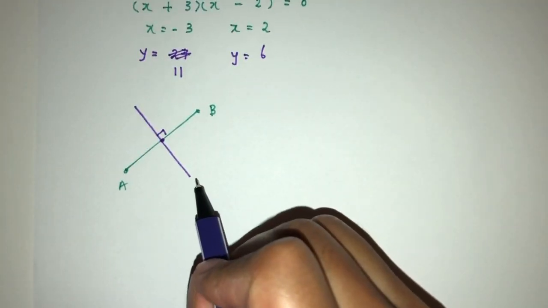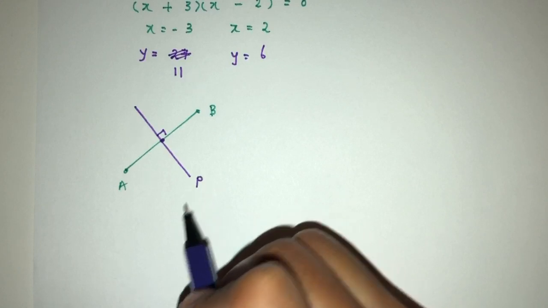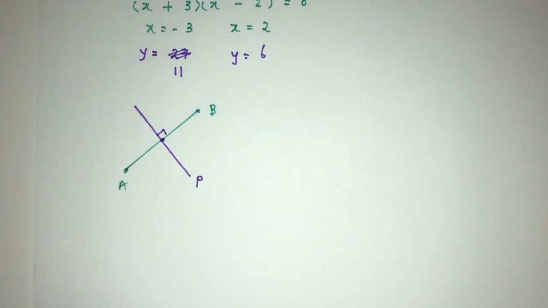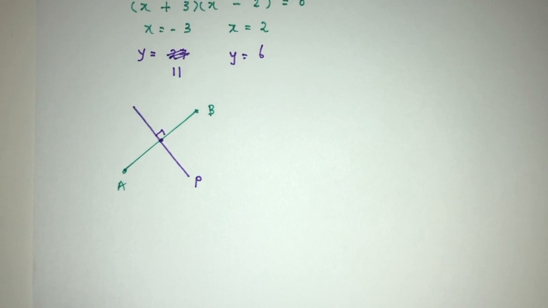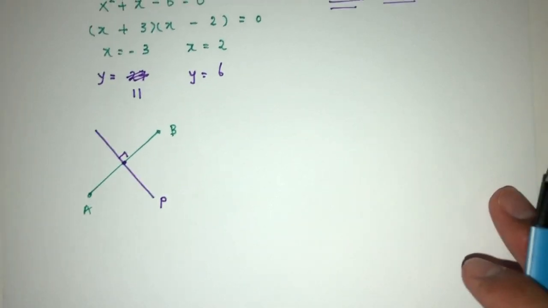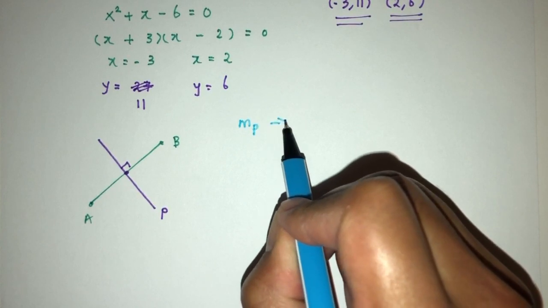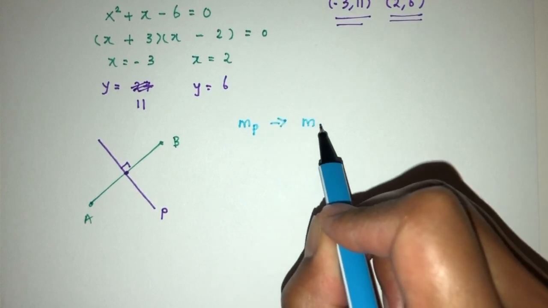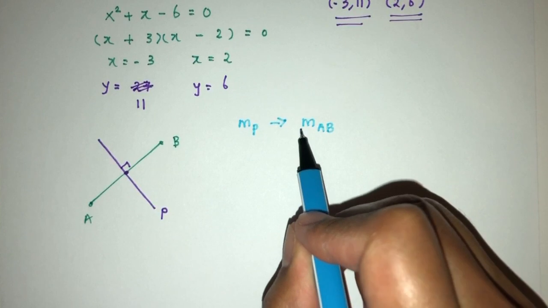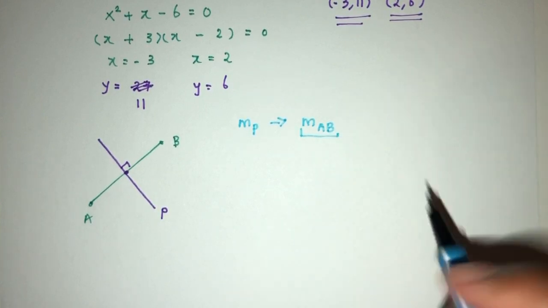To find the equation of a straight line, we must first know the gradient. So first we have to find the gradient of P, and to do that we can use the gradient of AB.